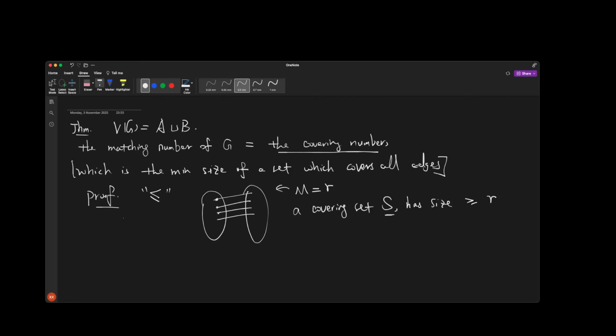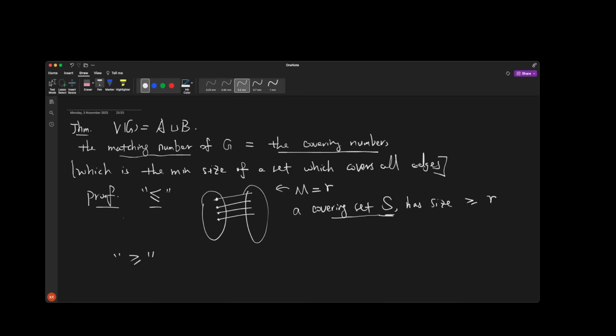To cover this matching, each edge uses different vertices, so you already need at least R vertices. So this is true for all matchings, so you take a maximum matching which realizes your matching number, and then you prove this direction, and the difficult one is this direction.